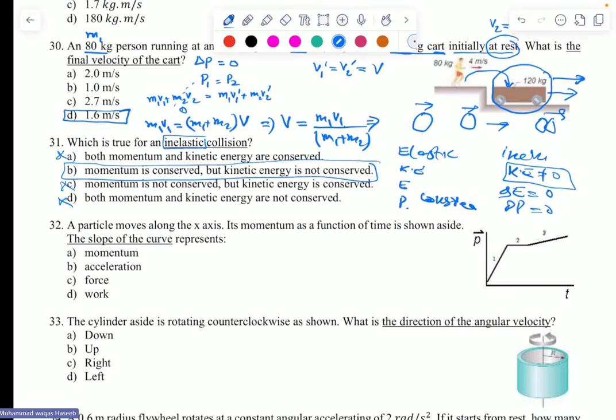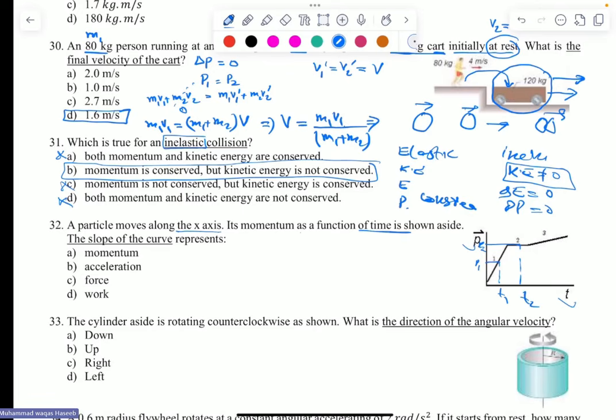Question number 32. A particle moves along the x-axis. Its momentum as a function of time is shown by this plot. The slope of the curve. So slope is just between two points. If we select these two points, this is P1, this is P2, and the corresponding T1, T2.